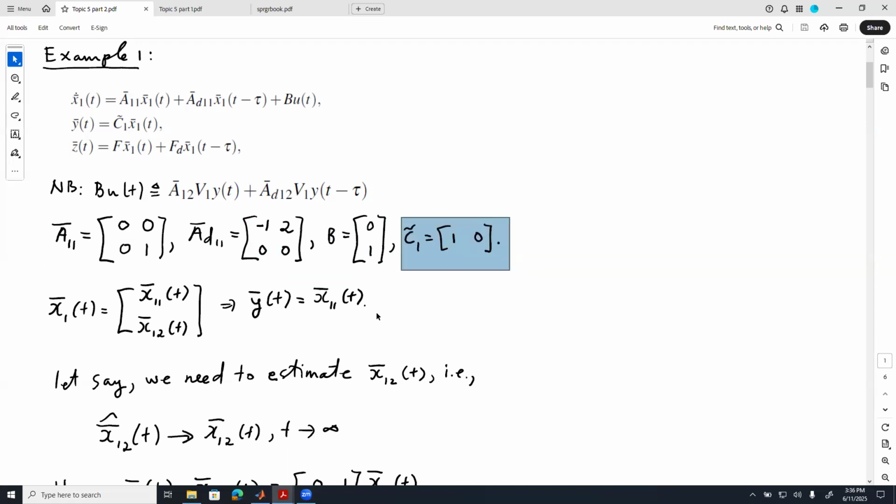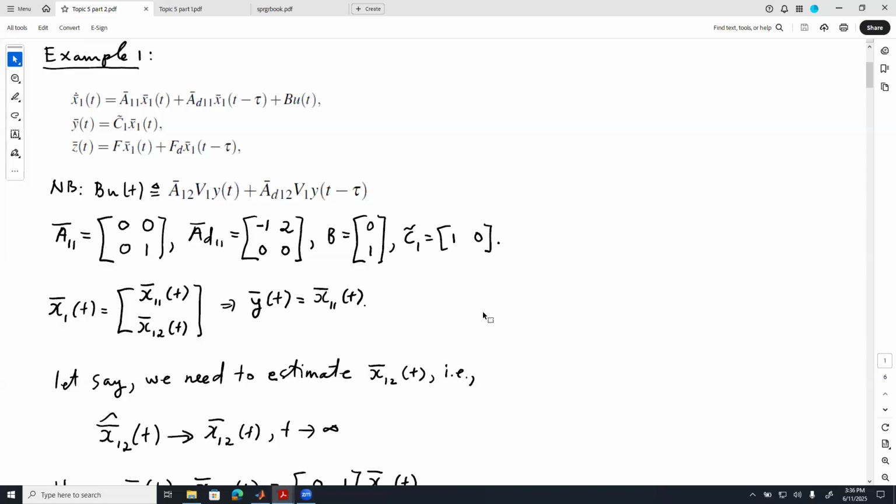What this is telling us is that the stack vector consists of two variables. We call them x bar 1,1, the first variable, and the second stack variable. For this example, the output measurement y bar(t) is actually from the first stack variable.